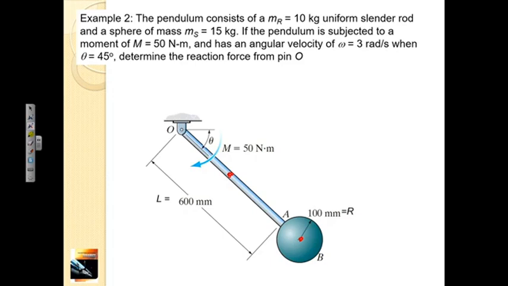So, step 1. FBD. I've chosen polar coordinates for myself. We're pinned at the top. We're coming down to our CG location, which I'm going to say is right here. So my forces: I've got a reaction O in the R direction, and perpendicular to that, O in the theta direction.